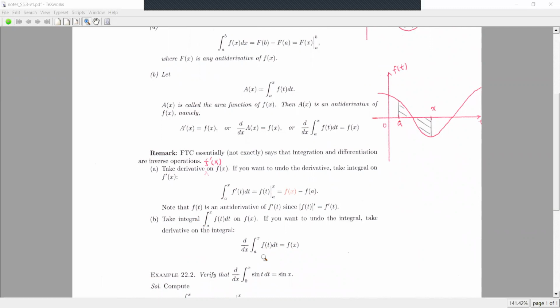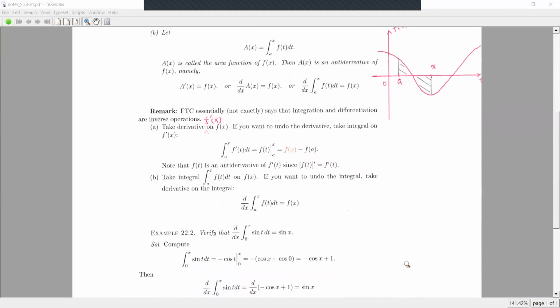So here, function f, now I take integral from a to x. So this guy depends on x. It is a function of x. Now I want to undo this integral. Take derivative. Then we get back to the function f. This equation is part B here.